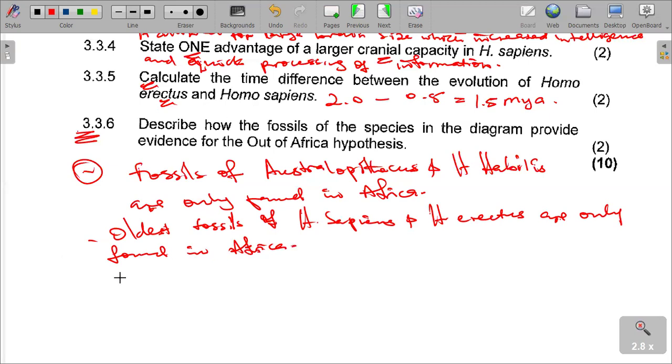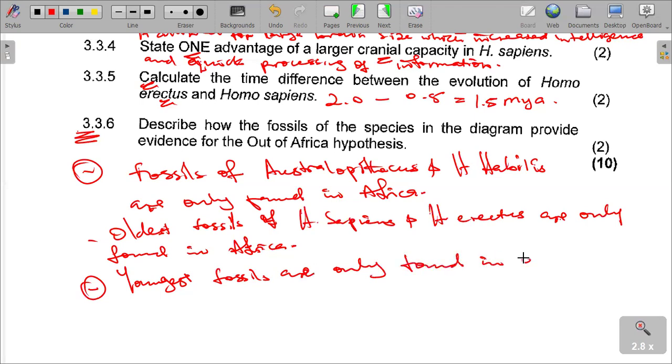Are only found in Africa. And then lastly, we can also say that the youngest fossils are only found in other continents.